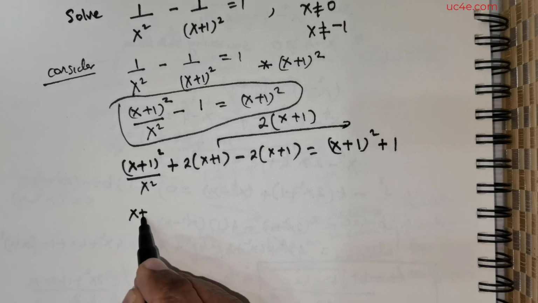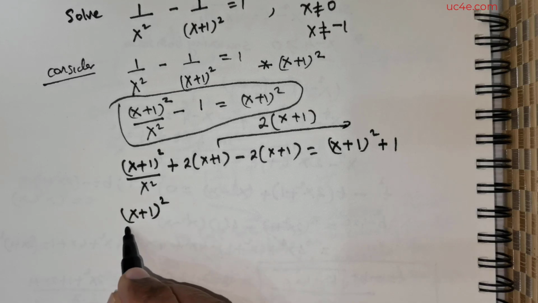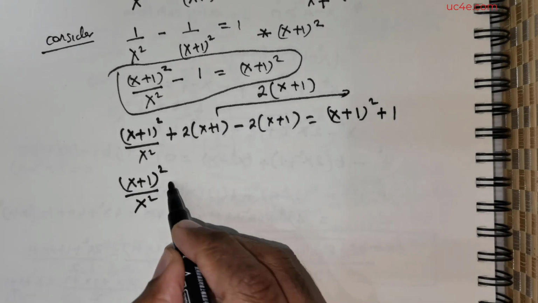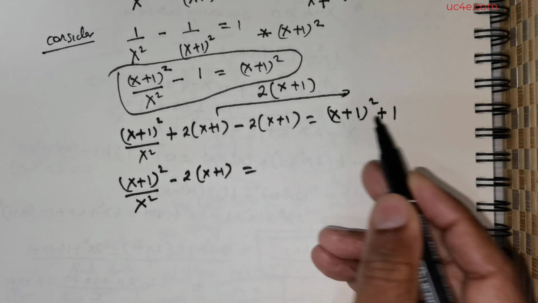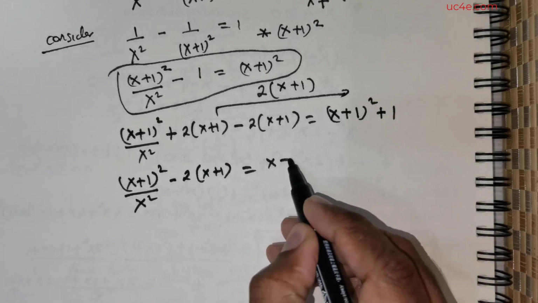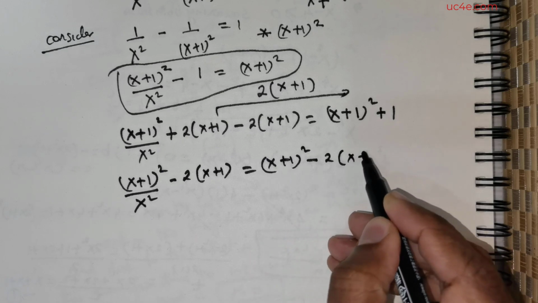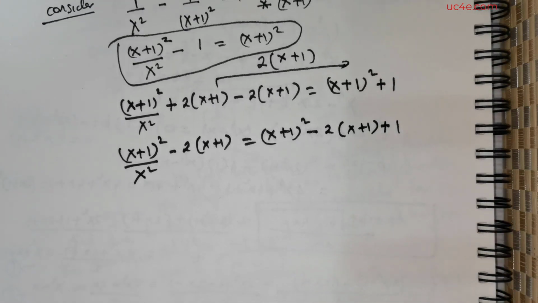This can be rewritten as (x+1) raised to the power of 2 divided by x squared, and then negative 2 times (x+1) is retained. On the other side I got (x+1) raised to the power of 2, negative 2 times (x+1), followed by a positive 1. Fair enough.